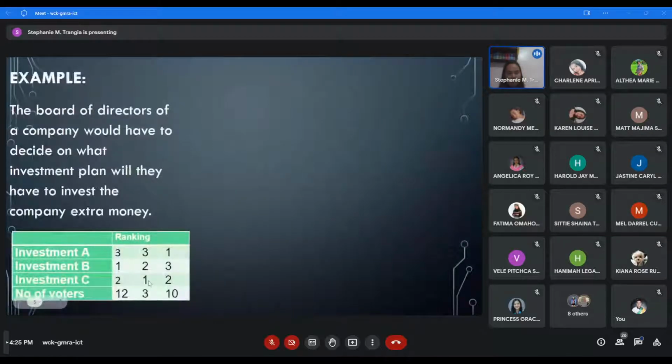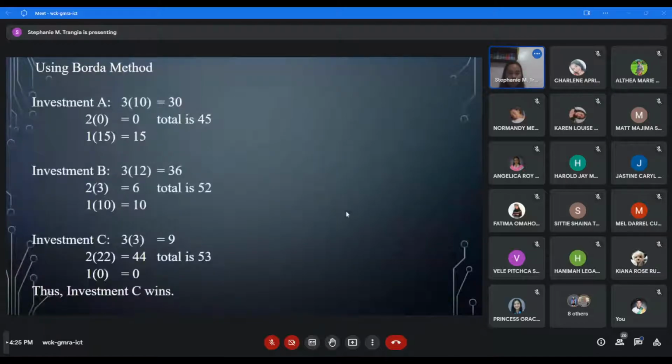And then there are 3 first place votes, so that's 3 points times 3 voters, so that's 9. So 44 plus 9, so that's 53. So the one with the highest points is investment C. Before we proceed, any questions?